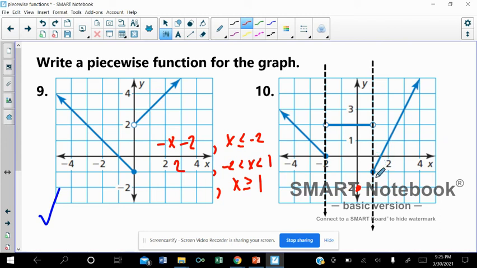What is it up to? 1, 2. Sorry, so it's going to go down here. Make sure you count correctly. So we're at negative 3, and we have a slope of 2 over 1, minus 3. That there is my set of piecewise functions.